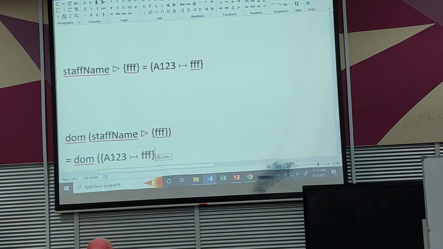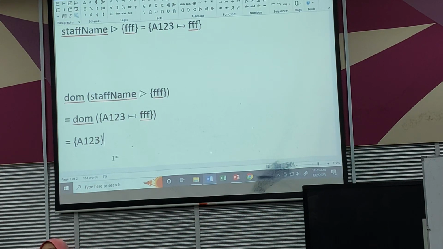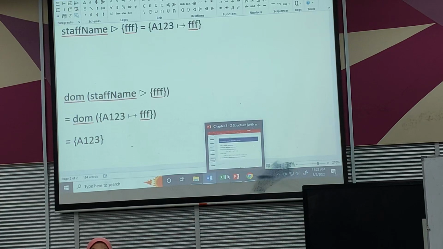Okay, so from here, domain is A123 as the answer. Okay, so this is if, let's say, you want to go for domain restriction and also range restriction. Okay, so that's how you do searching for your data. Any question at here? All okay, yeah? Understand?